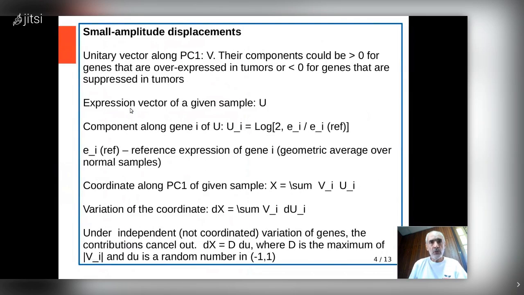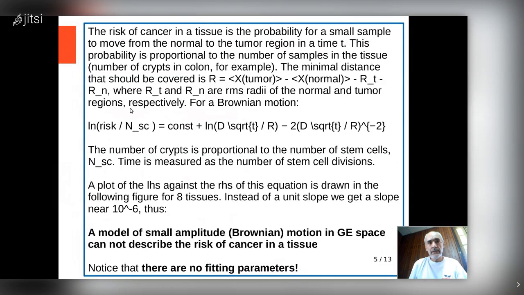But in order to make this model suitable to be used in other tissues, instead of the number of scripts, we write the number of stem cells, which is proportional to the number of scripts. Then we have the risk, which we will take from experimental data in a set of tissues, and the number of stem cells, which is also taken from experimental data.